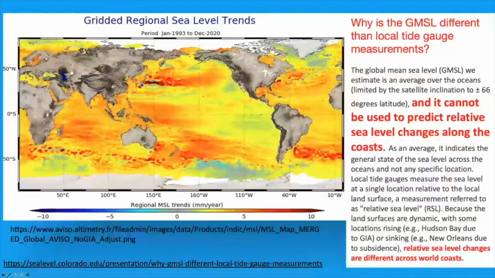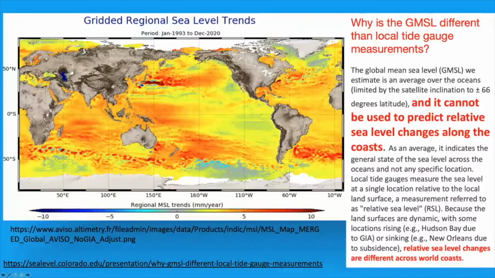A map shows that the satellite trends for sea level change are quite clear in the open ocean. And they more or less make a design of the marine currents. You have, for instance, the Gulf Stream.